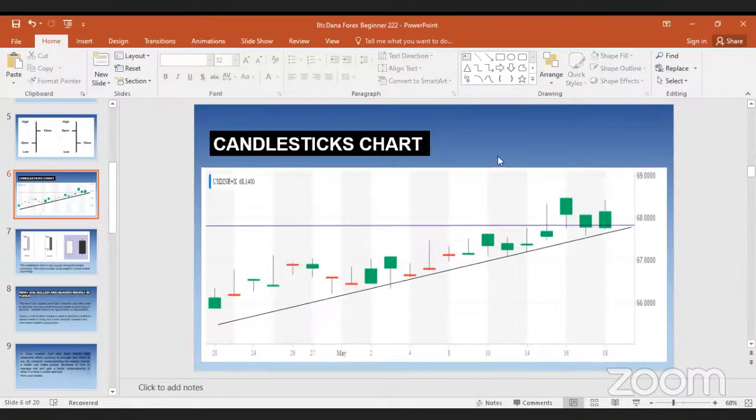Now, if our fundamental analysis is telling us that this market is going to go up, then definitely we want to wait for the market to break above this current line, this blue line. We want it to break above it and stay above it. What I mean by staying above is not jumping back and forth across this line again.